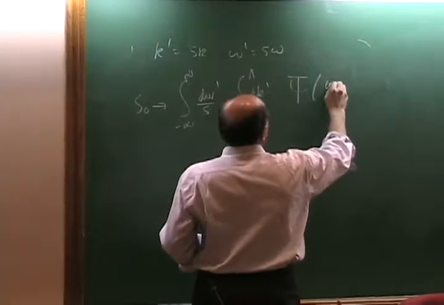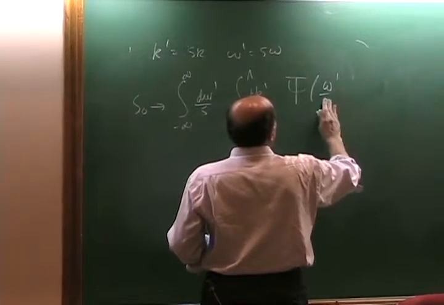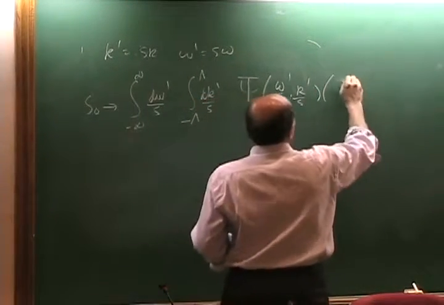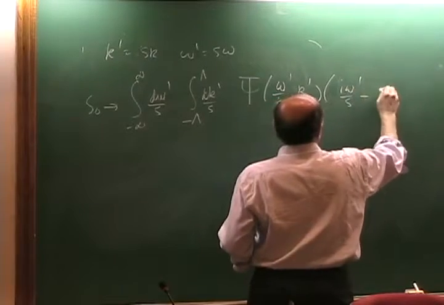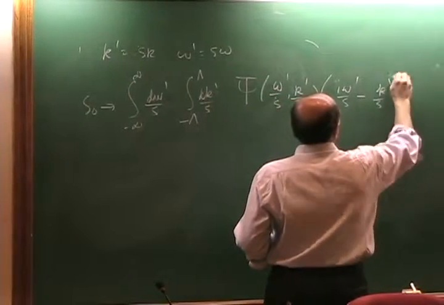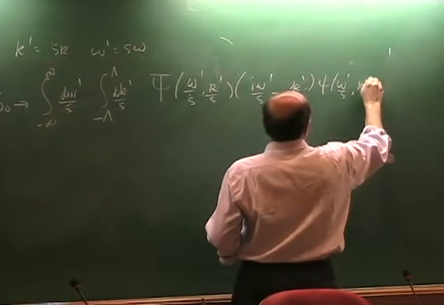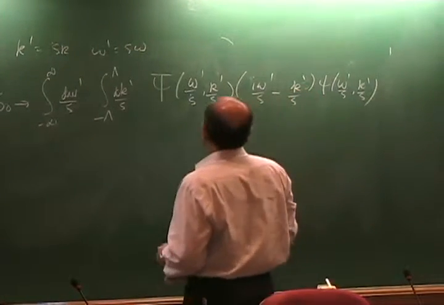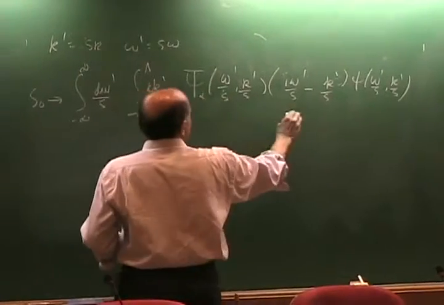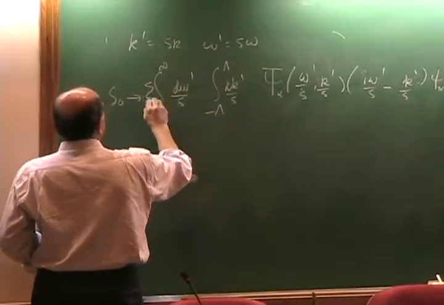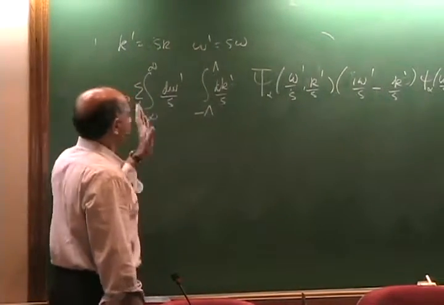And then your psi bar of omega prime over s and k prime over s, times (i omega prime over s minus epsilon of k prime over s), times psi of omega prime over s and k prime over s. There is an index alpha I keep forgetting because it's really not doing anything very sexy, but I may forget and bring it back. It's coming along to the right.